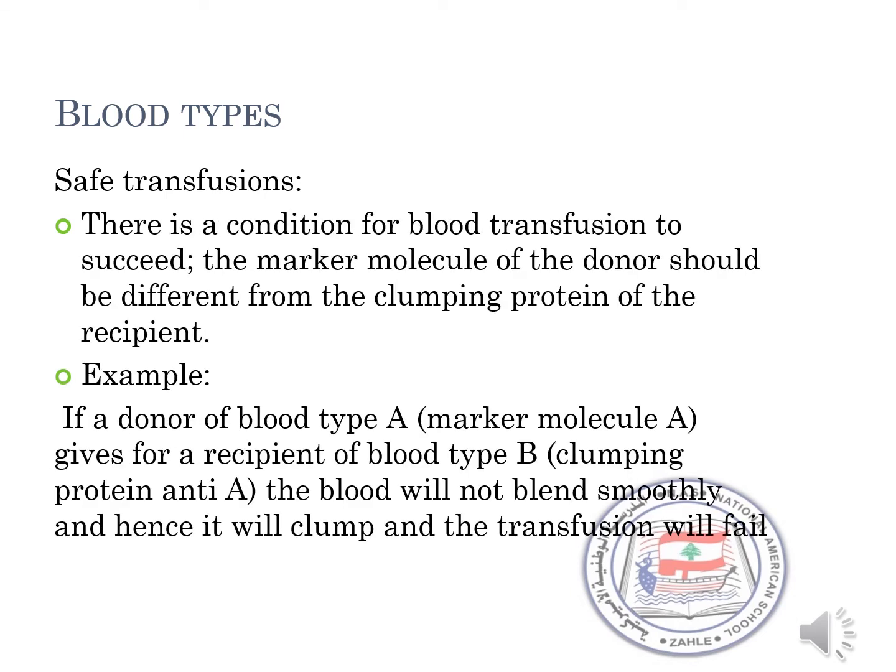For example, if a donor of blood type A having a marker molecule A on its red blood cells gives to a recipient of blood type B, and blood type B has clumping protein anti-A, the blood will not blend smoothly and hence it will clump and the transfusion will fail.